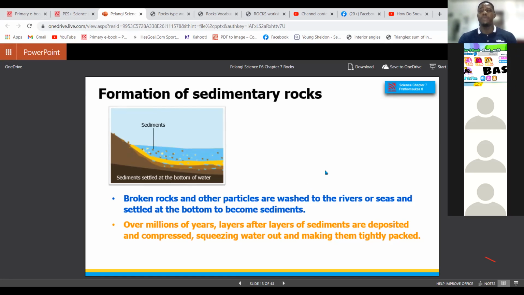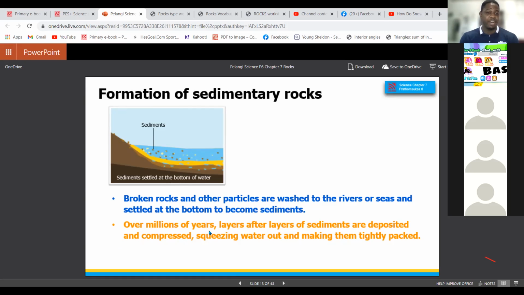So when these little rocks go into the sea or the ocean, they stay at the bottom of the ocean. Over a million years, layers after layers of sediments are deposited and compressed.